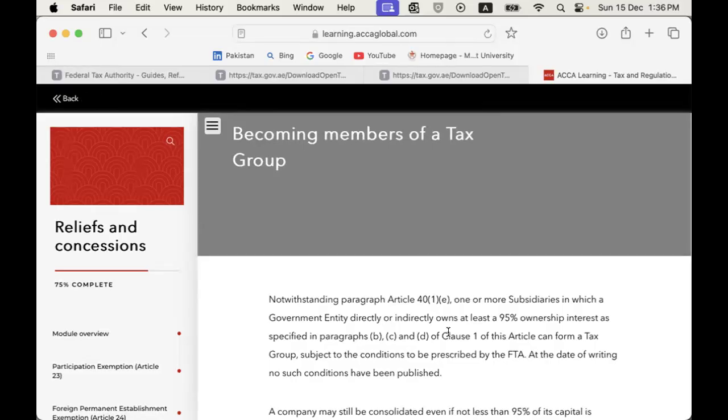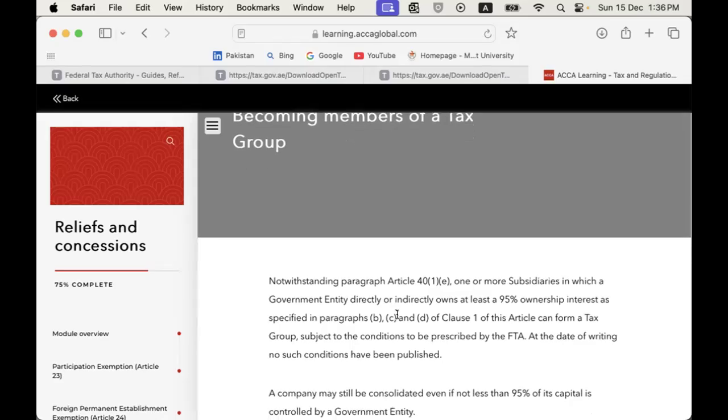Correct. The only point that I'm trying to raise here, Haya, is that the consolidated financial statements for tax purposes will not be IFRS compliant to the extent of removing that subsidiary. Yes. So we need to remember that it will be a special purpose financial statement.